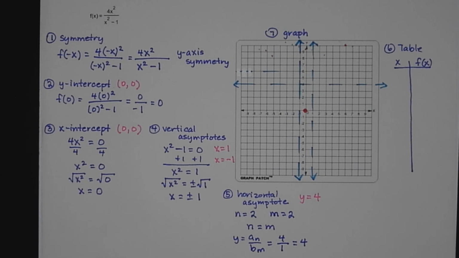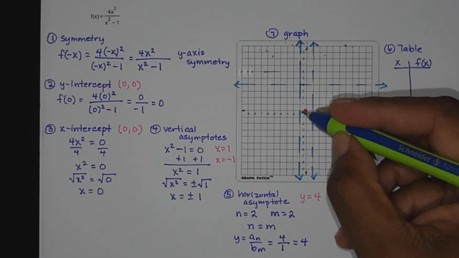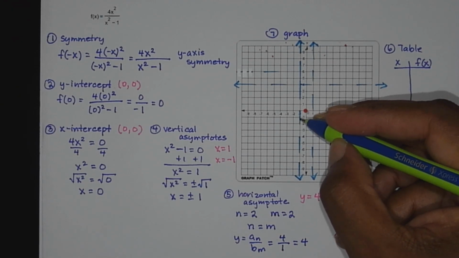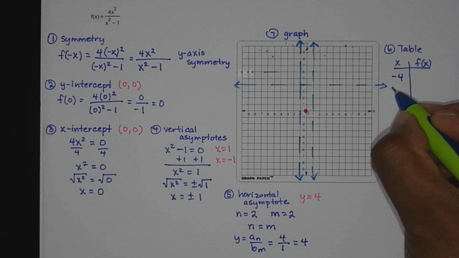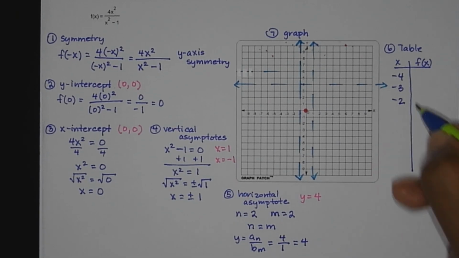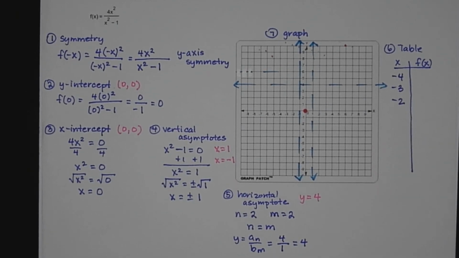All right, let's pick values to the left and to the right of each vertical asymptote and x-intercept. My first vertical asymptote is at x equal negative 1. I'm going to use values like negative 4, negative 3, and negative 2, each for x.